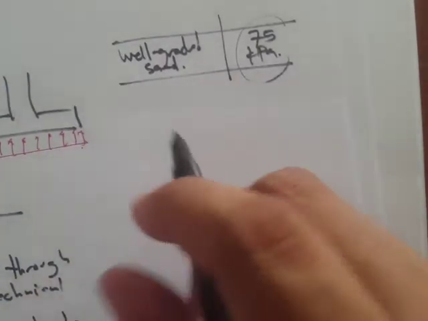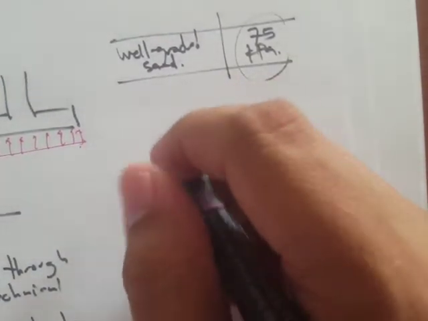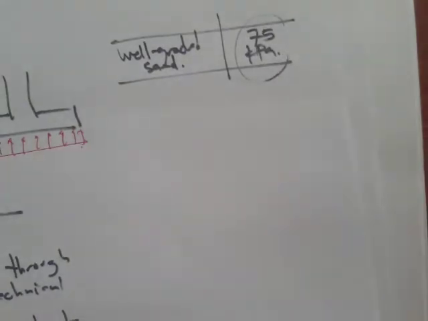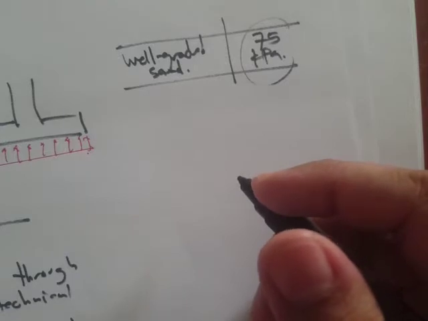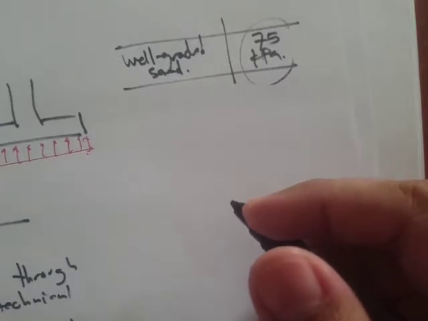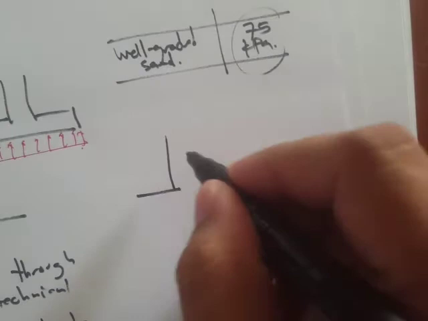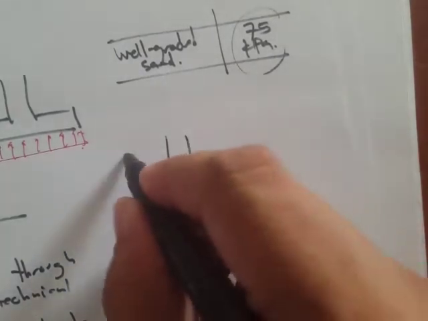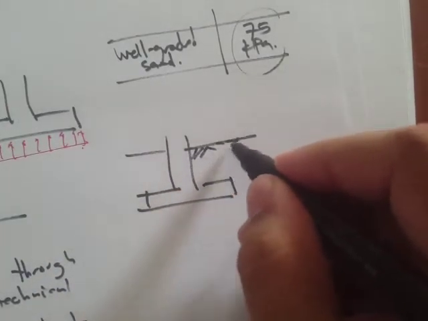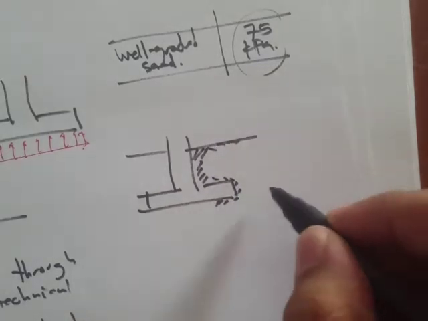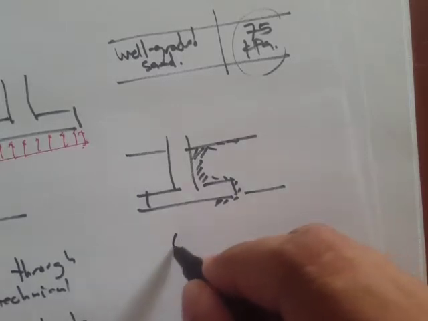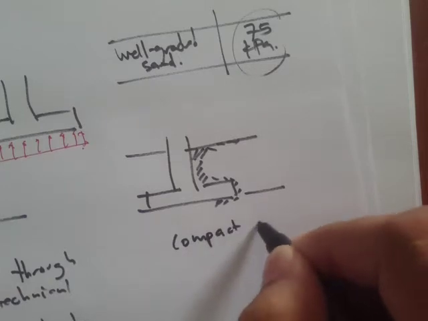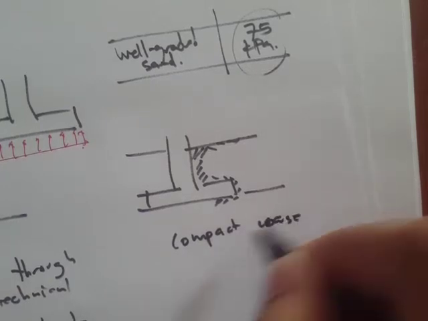In the National Building Code, what's good is that it has also provided the minimum depth of footing below the adjacent virgin ground. For example, this is the footing, and this is the grade line. Let's say it's a compact coarse sand.